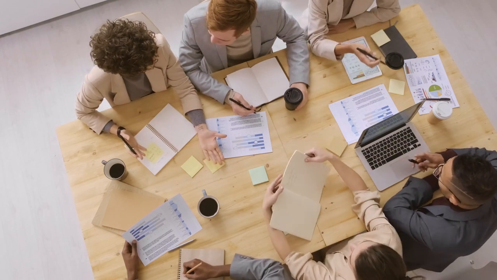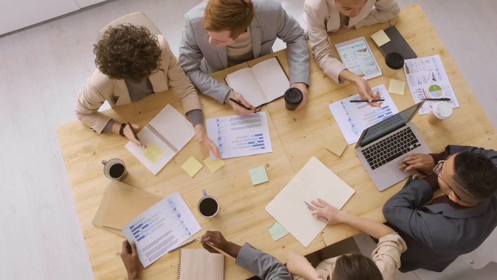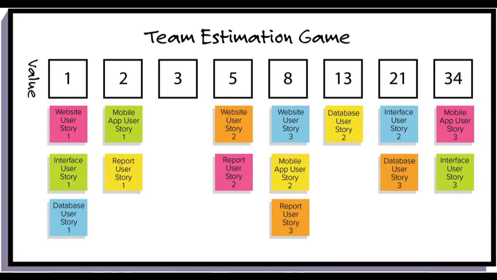Whenever we are working on any project, the most important question is how much time is required to complete a feature or requirement. So in Scrum or Agile methodologies, there is a concept of story point in which we estimate the effort required for a feature, a requirement or a task.